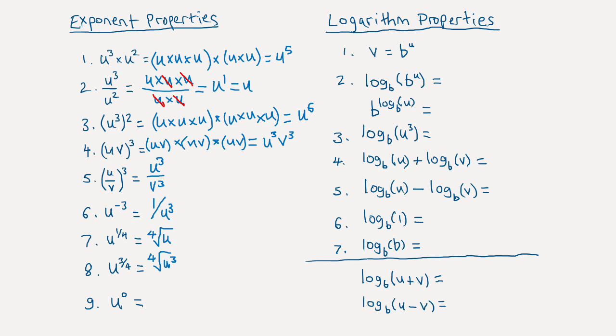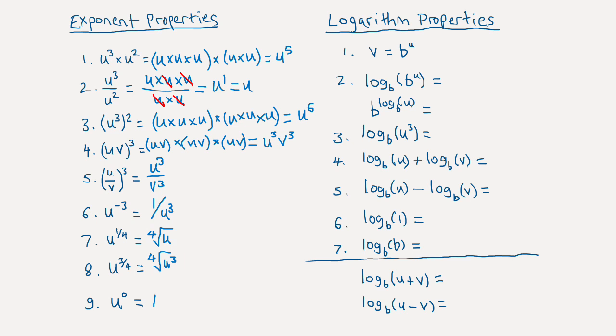Remember, in the previous example, u to the 1/4 is the 4th root. So here we have the 4th root of, in this case, u cubed. And then number 9 here is just an identity, u to the power of 0. Well, anything to the power of 0 is 1.